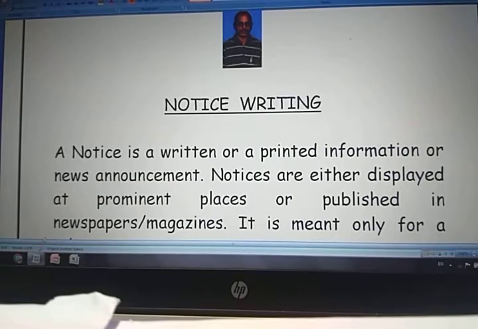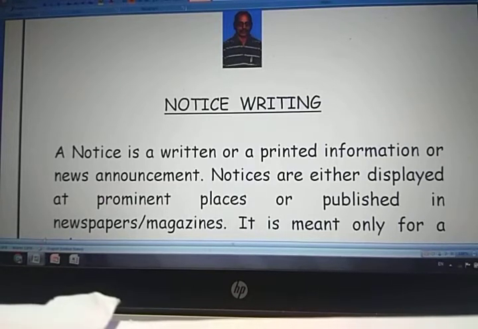Or if you have a habit of reading newspaper, you come across a number of notices being published in the newspapers or magazines.